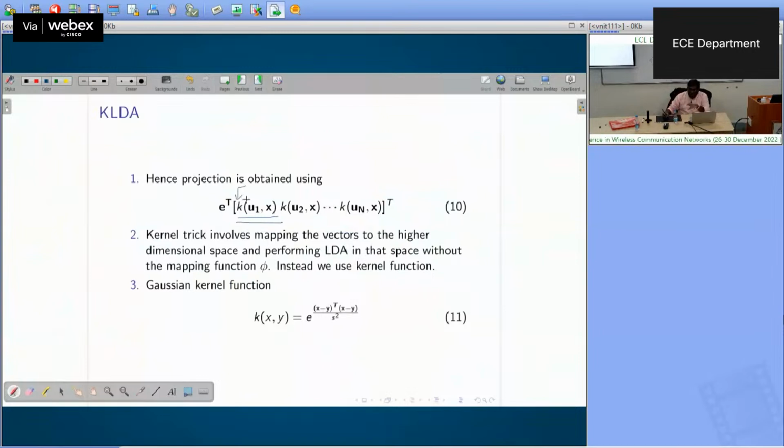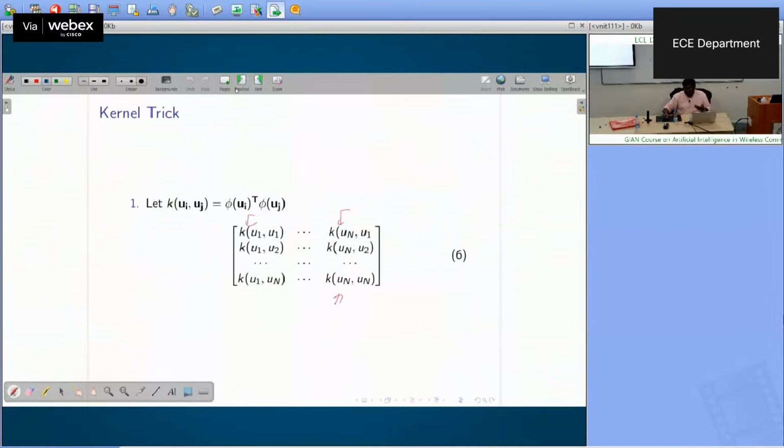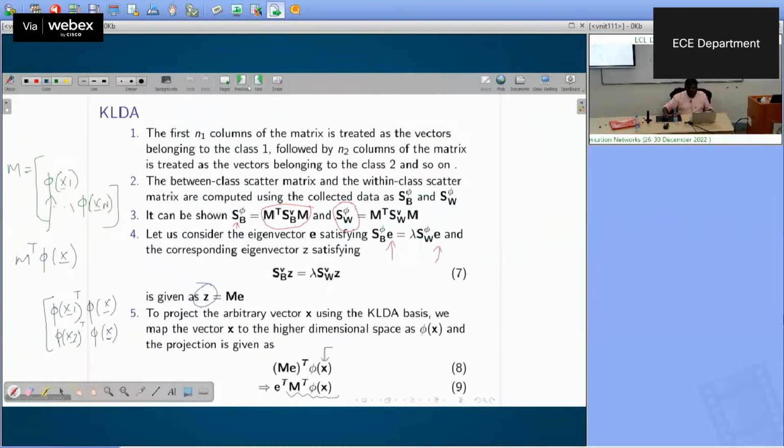To summarize, whether you got the exact derivation or not, to some extent you got it. I know it is very difficult to understand the first time you listen, but you know the overall idea of what we have done. But the steps are what you must know, and they are very simple. If you are given data like this, U1 to UN, the first step is to construct this matrix.